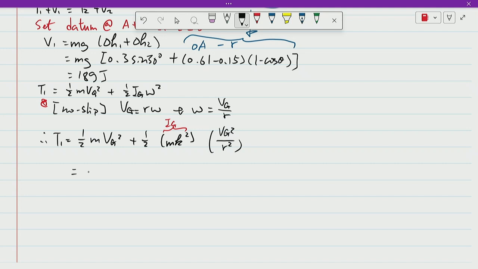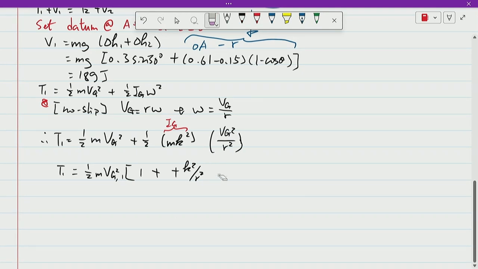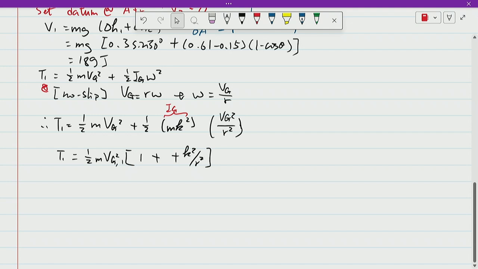And we can clean this up one extra step by taking out m Vg squared, and we're going to call that 1 because that's the initial, into 1 plus k squared divided by r squared. Where Vg1 is just equal to V1, giving us T1 equal to 24.5 joules. Questions?